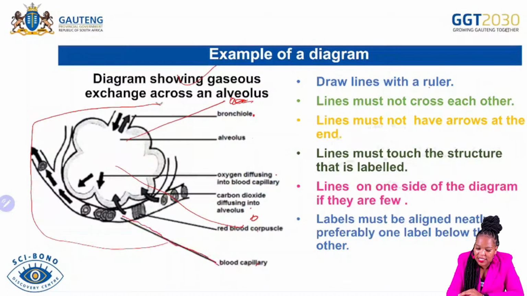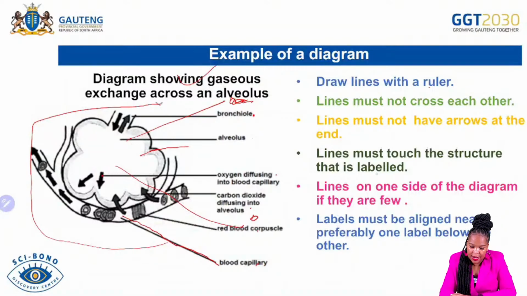Lines must touch the structure that is labeled. They must actually touch, because sometimes you get a label line that ends here, and then it's not clear whether you want this outer label or this inner label. So make sure that whatever you are labeling, your line touches it. And then the lines on the side of the diagram, if they are few, all of them must be to one side.